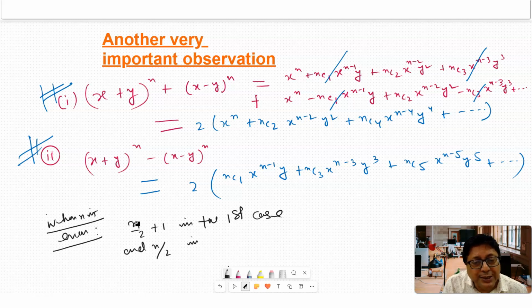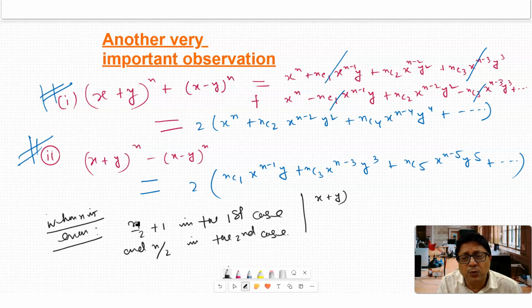and n by 2 in the second case. You take any expansion where n is even. Just for simplicity, I am writing it very fast. (x plus y) cube plus (x minus y) cube. If you add, what will you get? x cube plus 3xy square, and the 3x square y term will not be there.